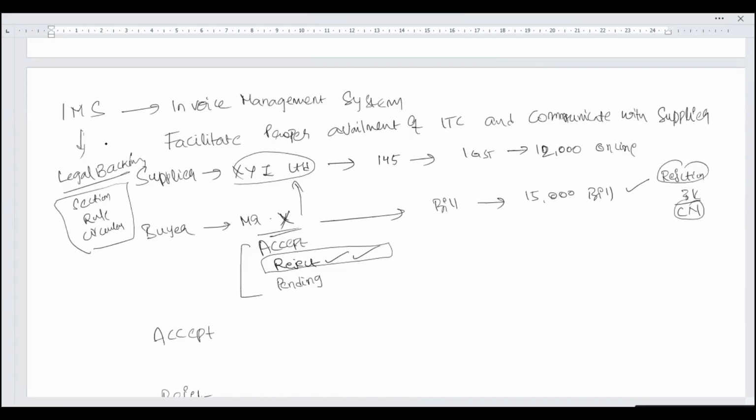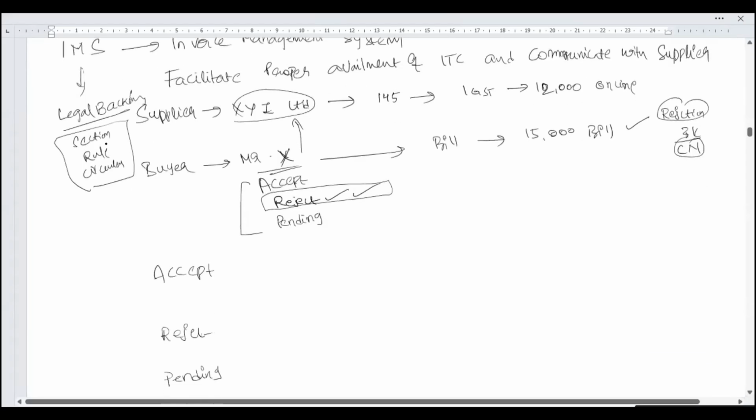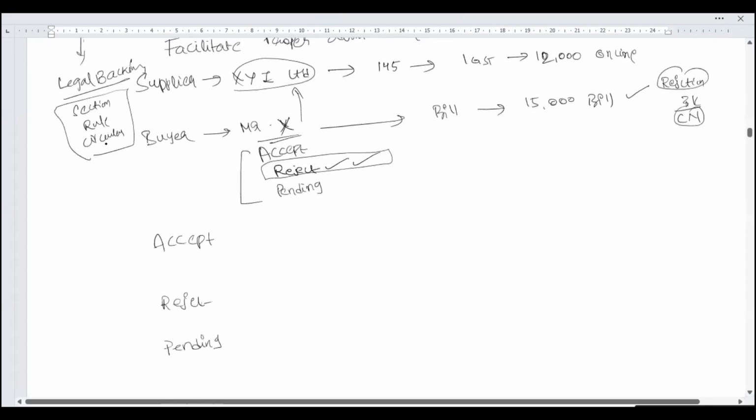But it has got a lot of ambiguity brought in indirectly on account of this. So accept. If I click a button called accept, the data of ITC travels to GSTR2B.